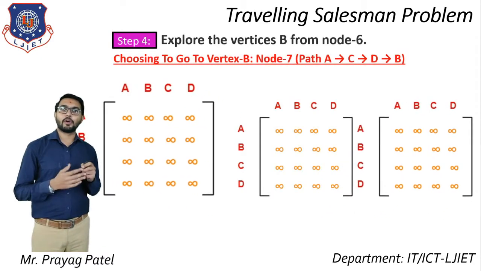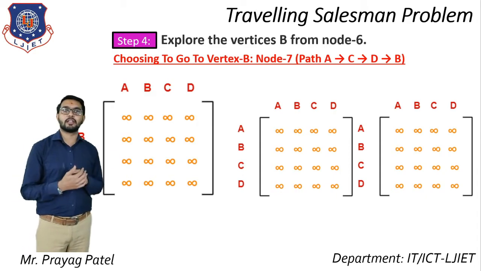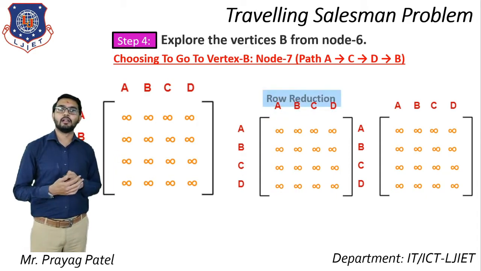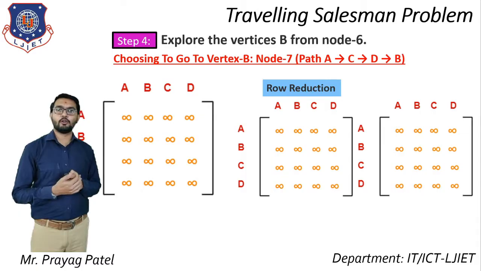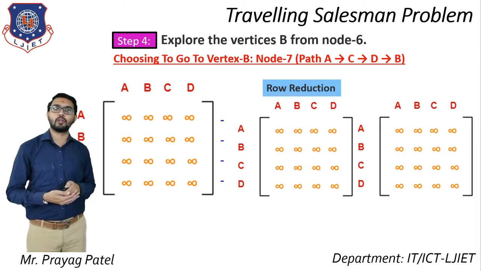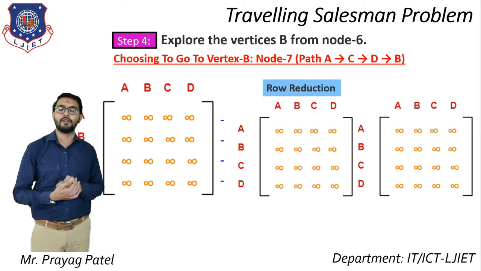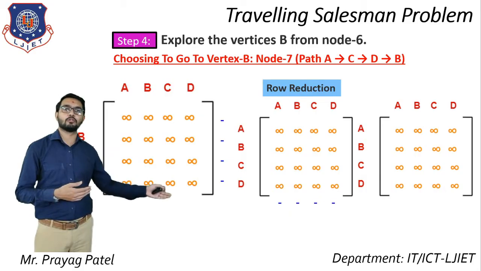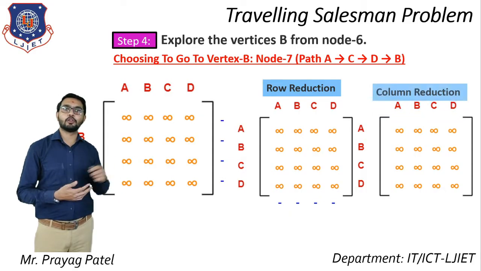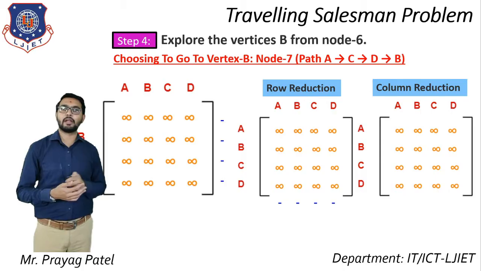Now after that perform the row reduction and column reduction of this matrix. Here the given matrix is already reduced, so there is no requirement for row reduction or column reduction. All the row reduction is considered as a dash, because all values are infinite. For column reduction also consider the infinite value. So the reduced matrix is considered the final matrix.